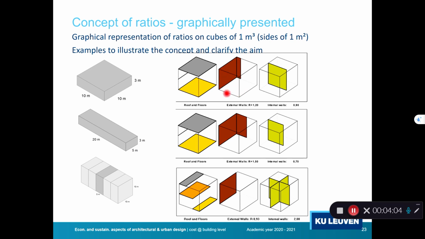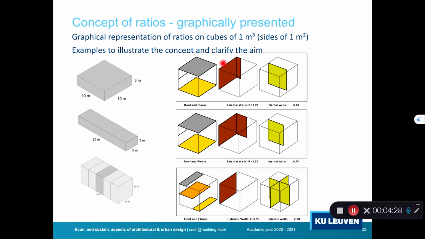What we indicate on the cube is the ratio of the external wall. The surface which is fully colored is 1 square meter, so it represents the number 1. Then we have 1/5 additionally of the next facade, which is 20%. So the 1.2 is represented in this way for the first building.